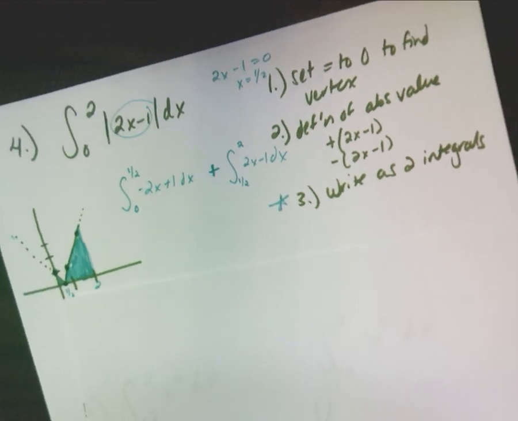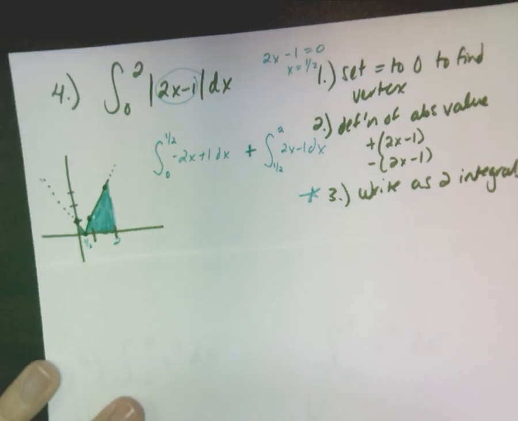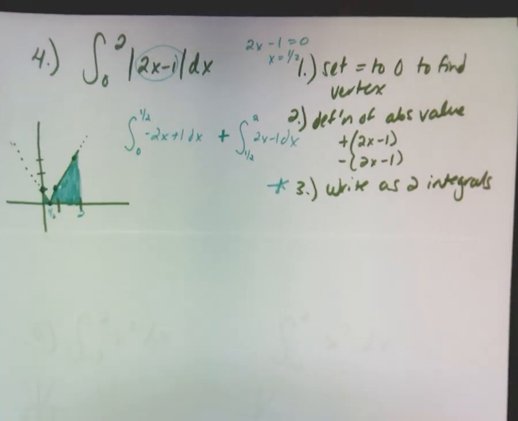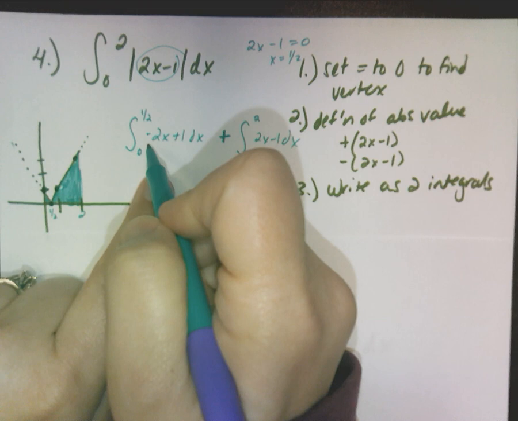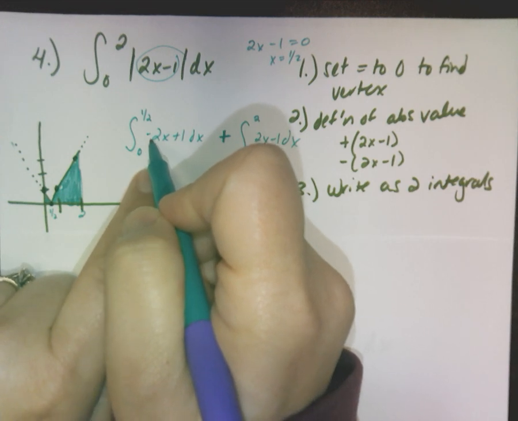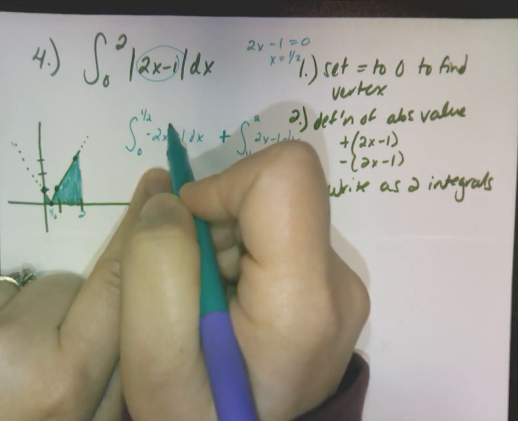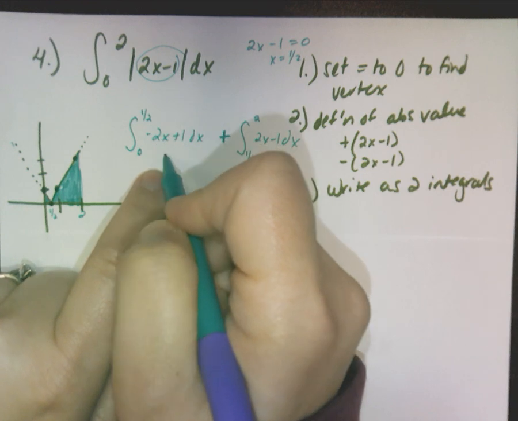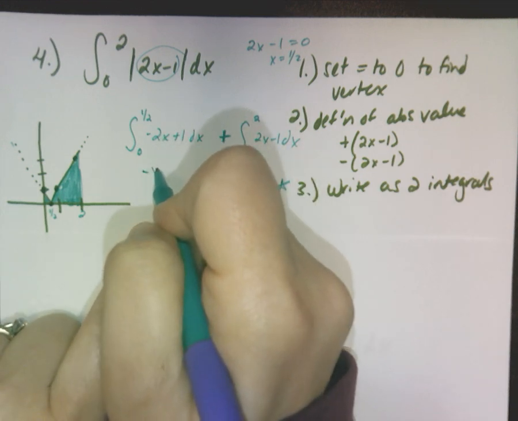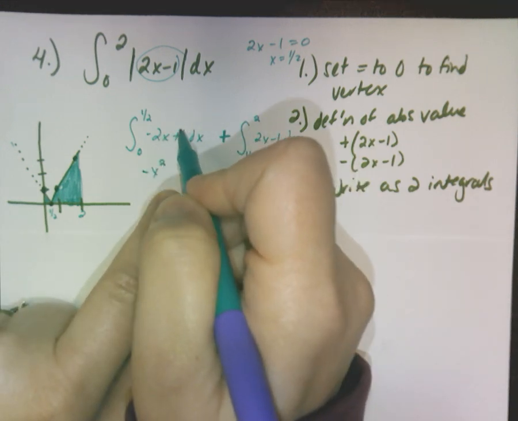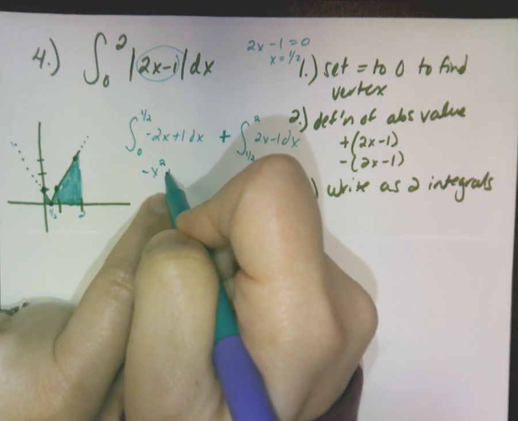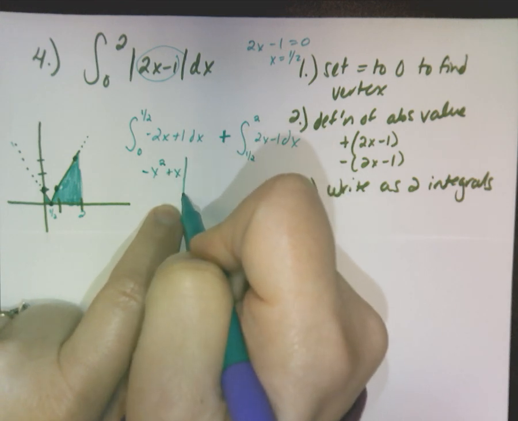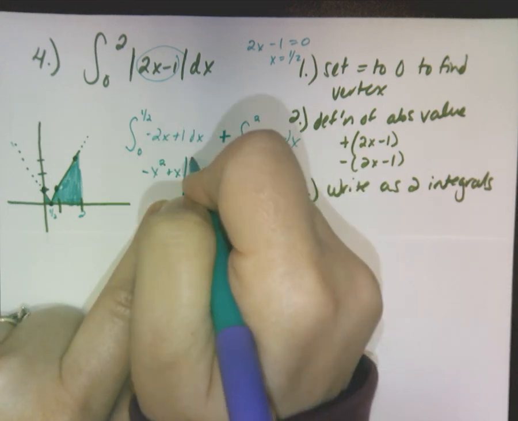So now let's apply the fundamental theorem to each one separately. So I got to take the integral of negative 2x, add 1, divide by that exponent would be negative x squared. 1 would be x. And you're going to integrate that from 0 to 1/2.